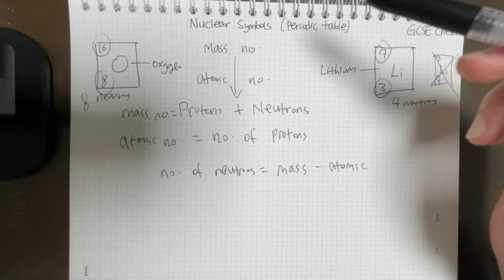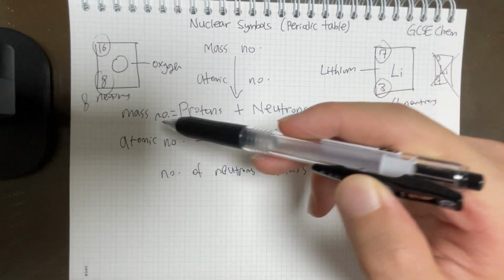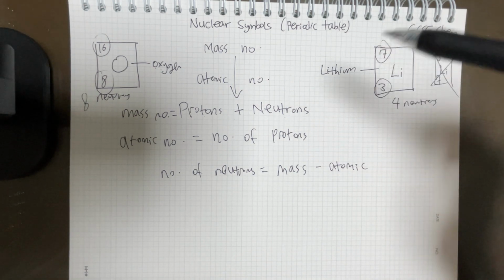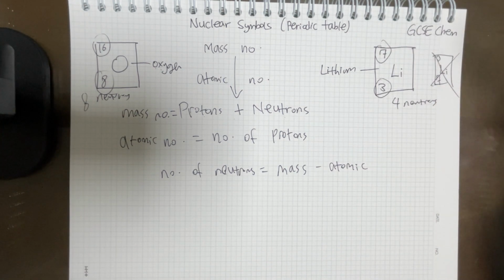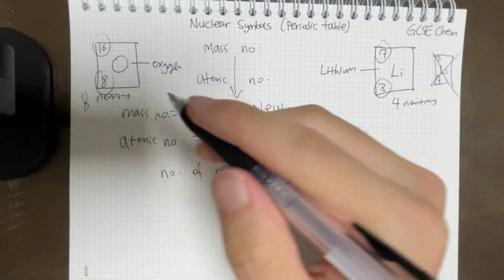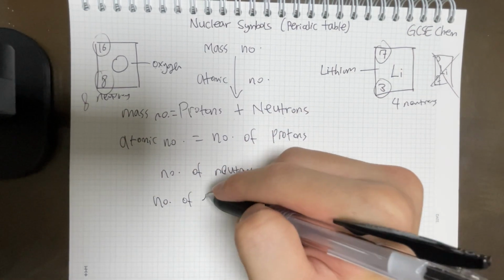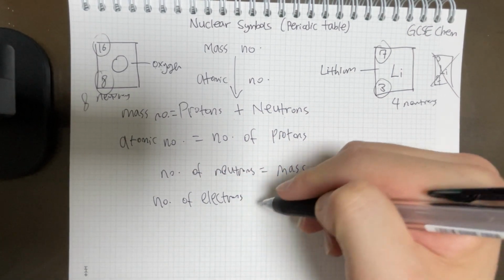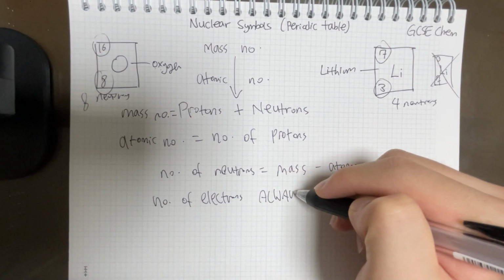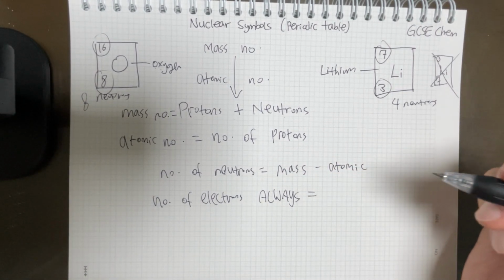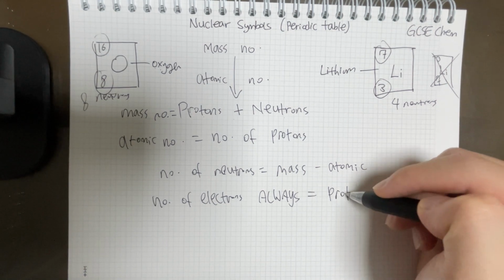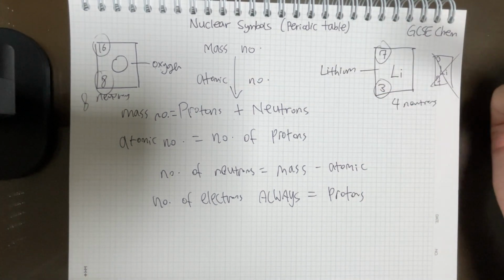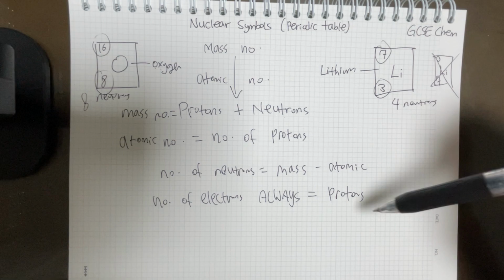Because the bigger number is always the protons plus the neutrons, and the atomic number is just the number of protons. What about electrons, I hear you ask? Well, the number of electrons is always equal to the number of protons. So the atomic number is also equal to the number of electrons.